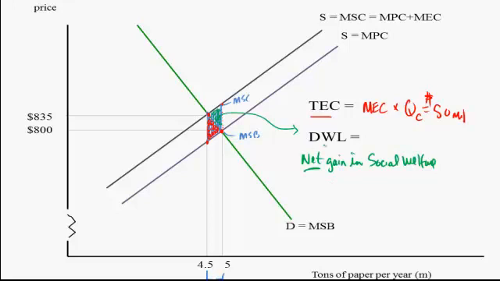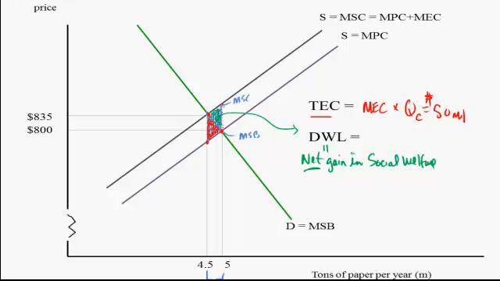So these two concepts are synonymous. The language is just used depending on whether we're talking about the current state of the world having an externality, thus it's a deadweight loss, or the correction of that externality, which then turns into a potential net gain in social welfare.